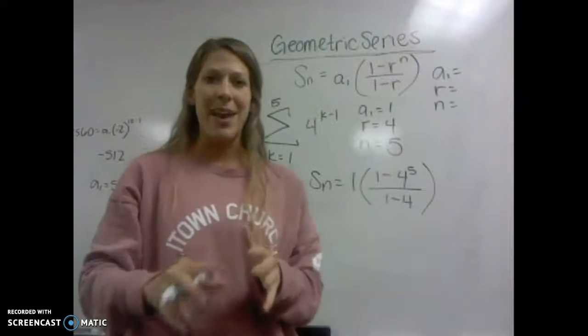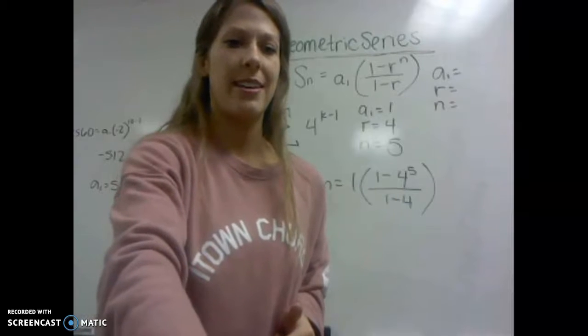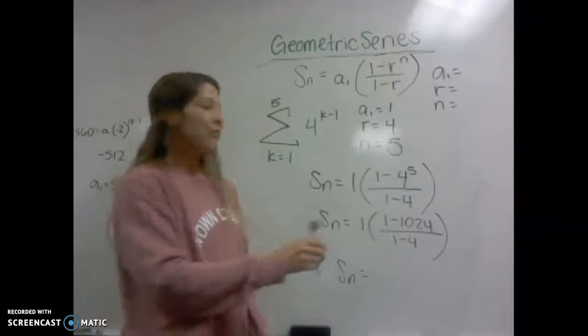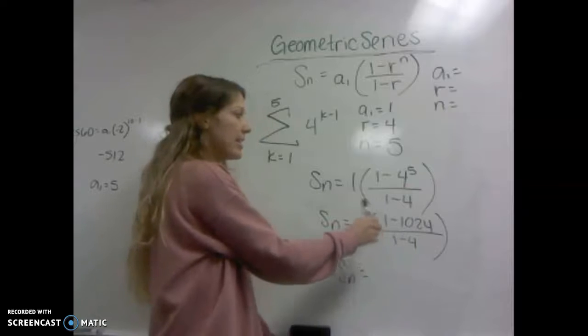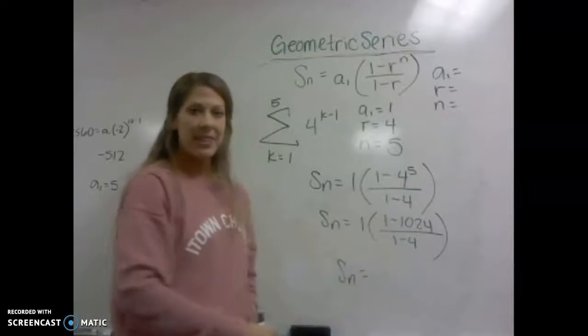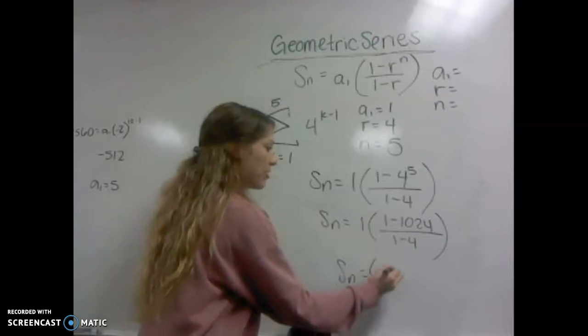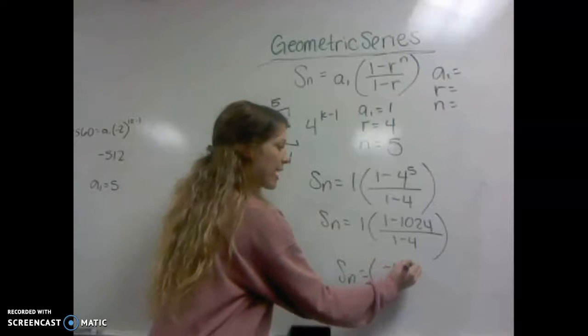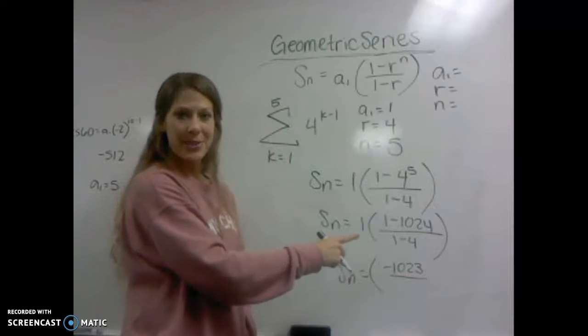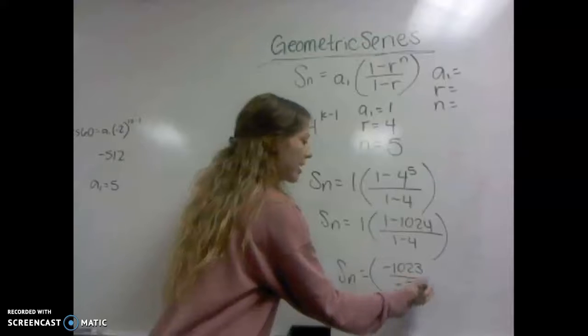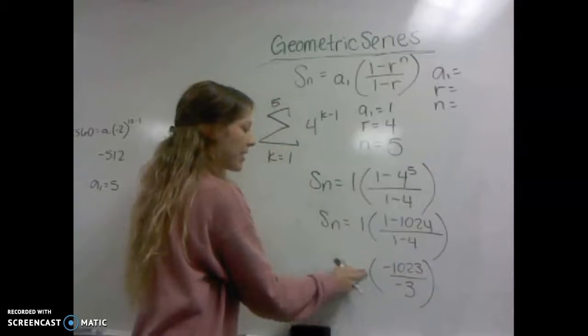In the numerator, we have 1 minus 4 to the 5th power. So I'm going to do some math, and then we'll check out what we've got. When I take 4 to the 5th power, I get 1,024. On top, I have 1 minus 1,024, which is negative 1,023. On bottom, I have 1 minus 4, which is negative 3. And then don't forget, we've got this out front.